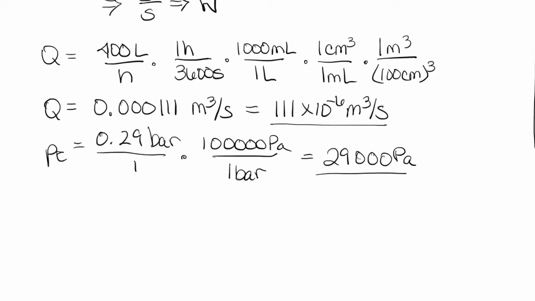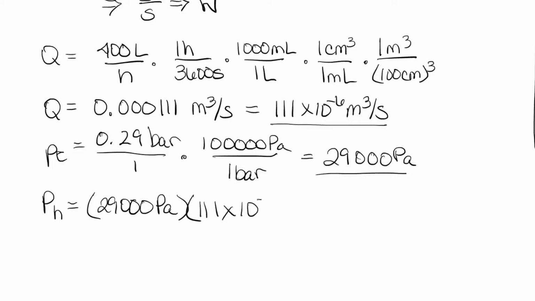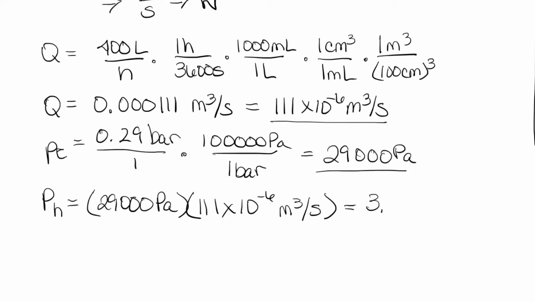Now, computing my hydraulic power, going to have our pressure multiplied by our flow rate, so 29,000 pascals times 111 times 10 to the negative 6 meters cubed per second. And that yields a value of 3.219 watts.